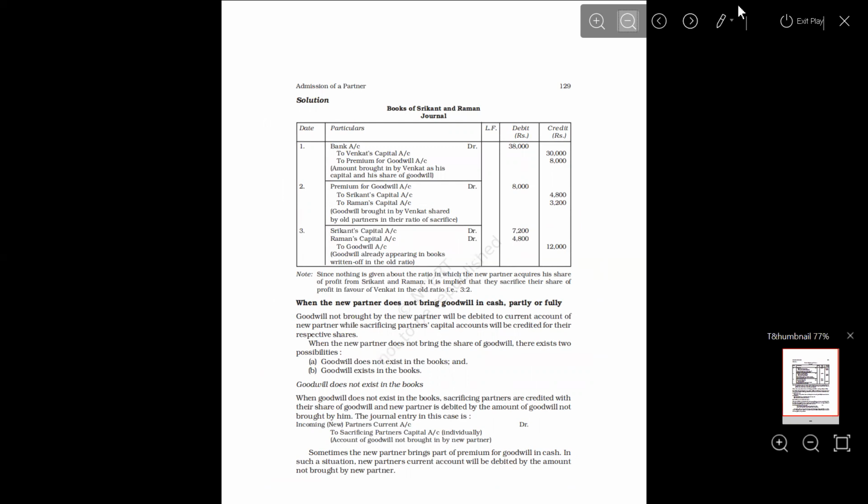This is very easy. When the partner is not able to bring cash, you must get some amount for goodwill. Under this situation, you consider this new partner's goodwill amount as a loan. In future, the new partner will pay.